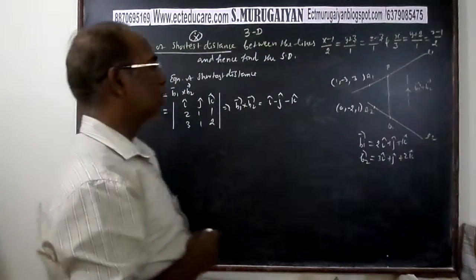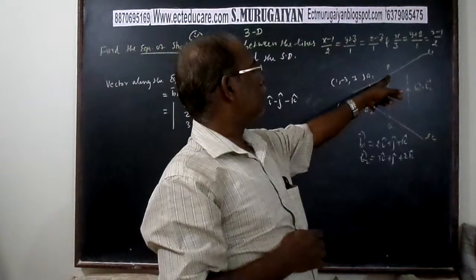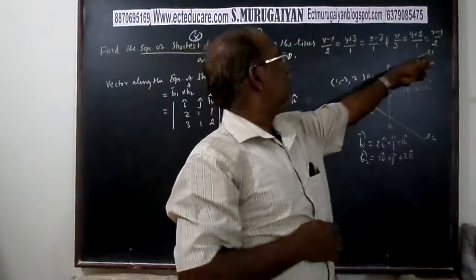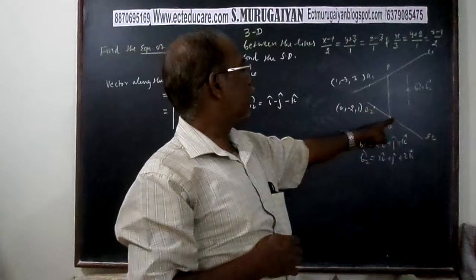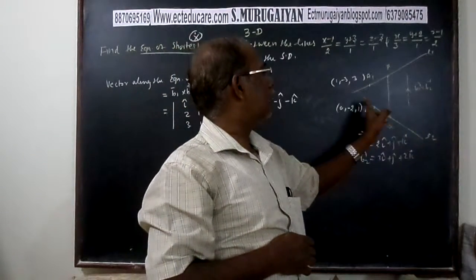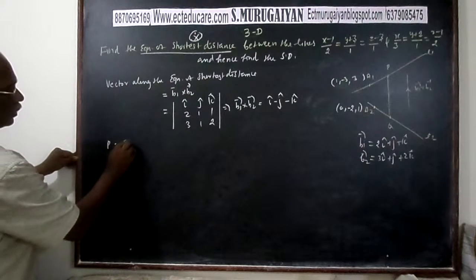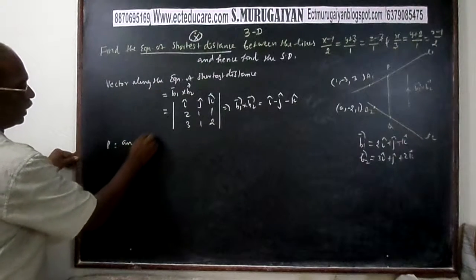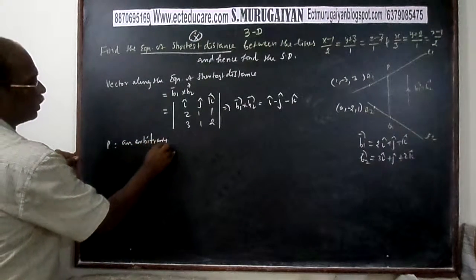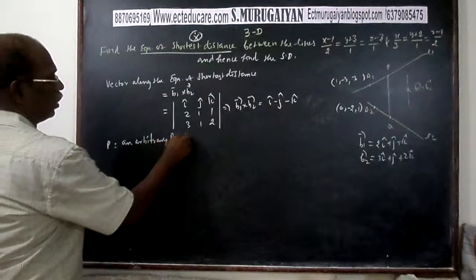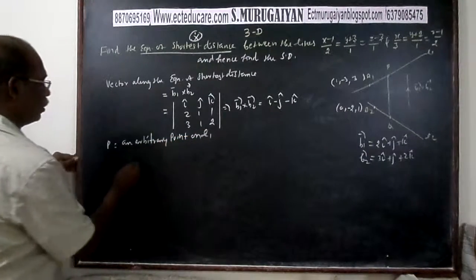Listen, we can take P as an arbitrary point on the first line and Q as an arbitrary point on the second line. So P is an arbitrary point on L1.